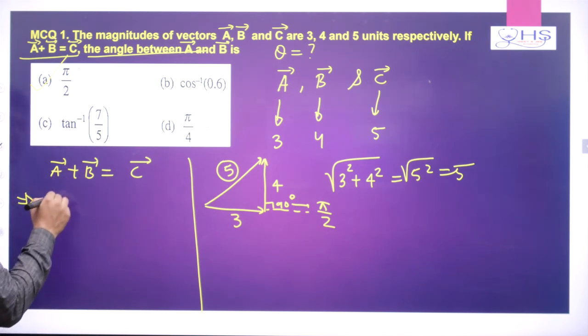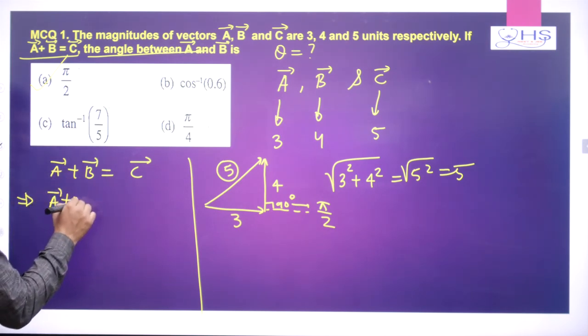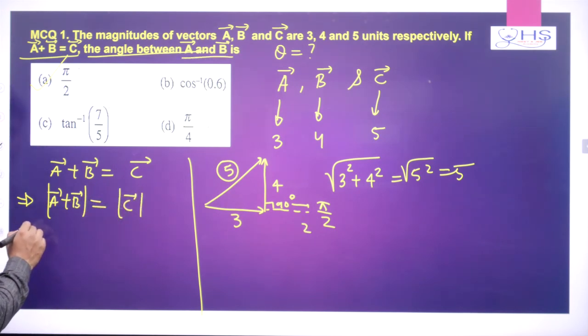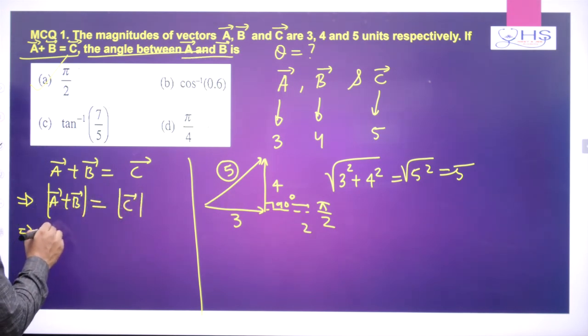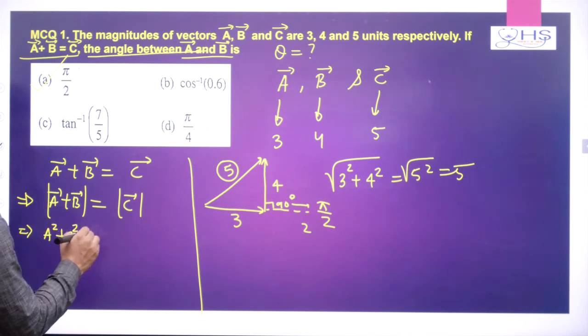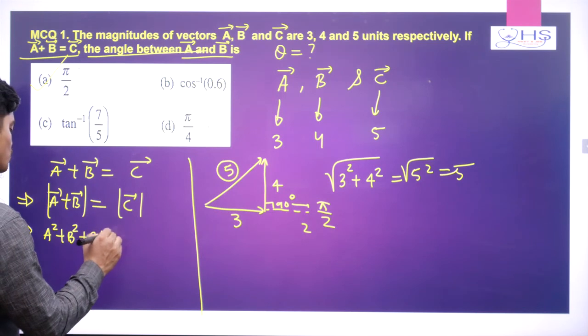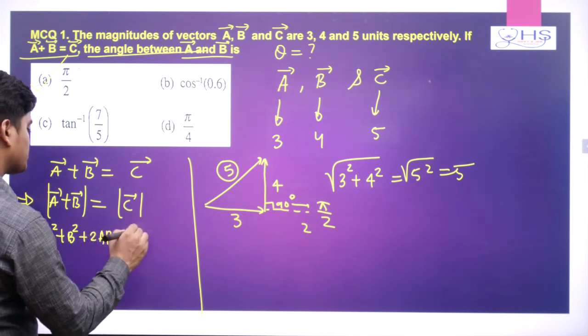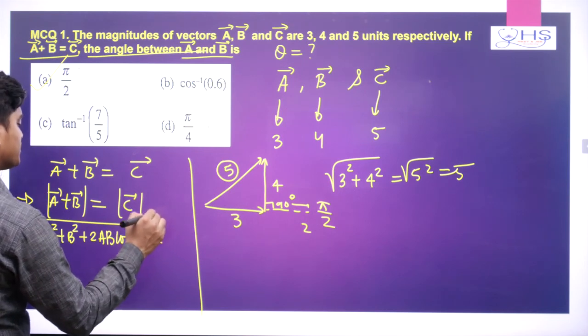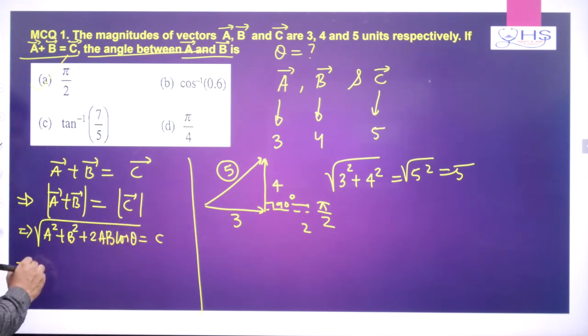You take the magnitude on both sides: the magnitude of a plus b vector will be the magnitude of c vector. Now the magnitude of a vector plus b vector is the square root of a square plus b square plus 2ab cos theta, and the magnitude of c vector is c.